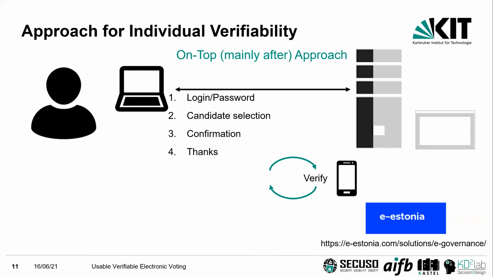So you can just cast your vote, and if you want to verify, you can do it, but you don't have to in order to cast your vote. And mainly after means there's even nothing to do maybe during the vote casting, but there is only something to be done after you have cast your vote. And one well-known representative of this is the Estonian approach.